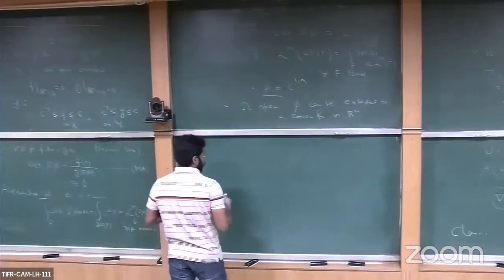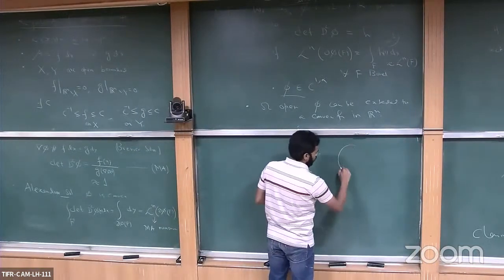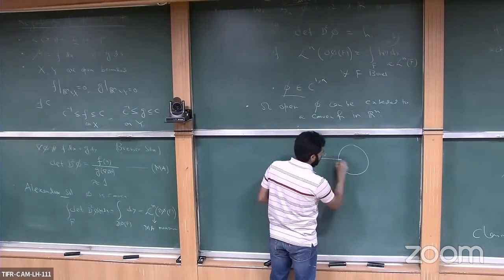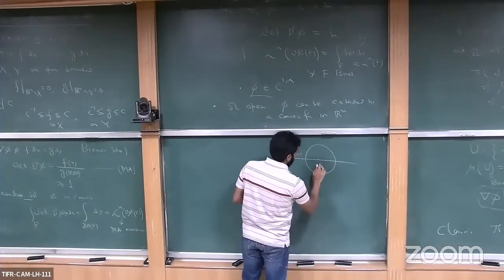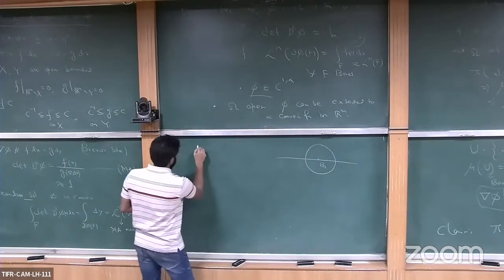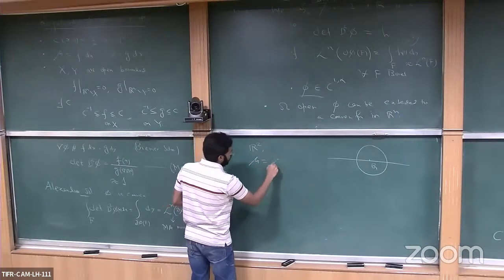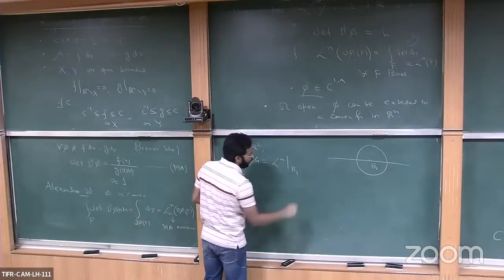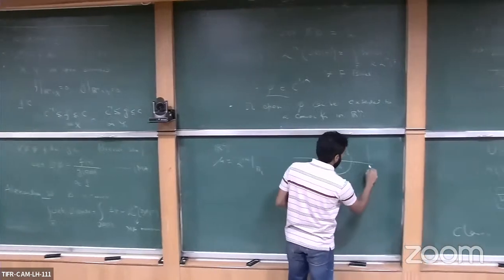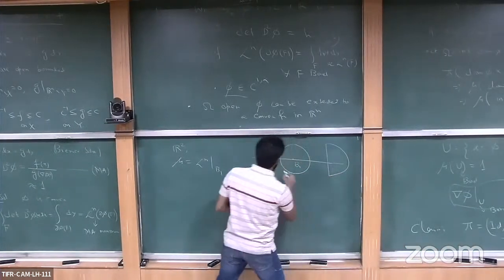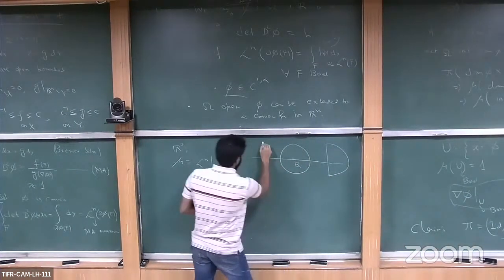Okay, so here is the example. This is V1. So you are in R2. Your mu is just the Lebesgue measure restricted to V1, and you want to transport it to these two half walls.